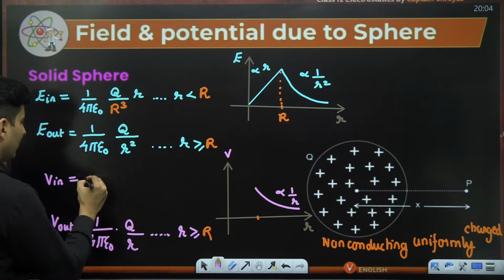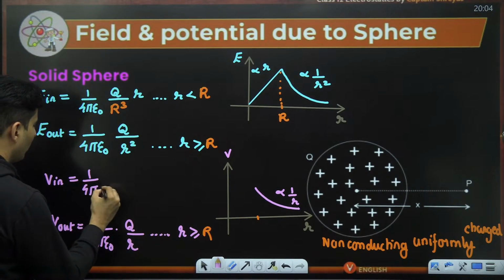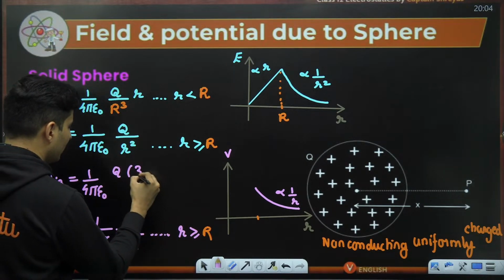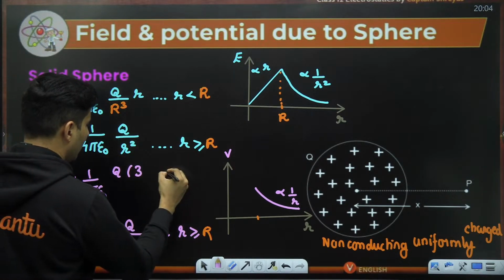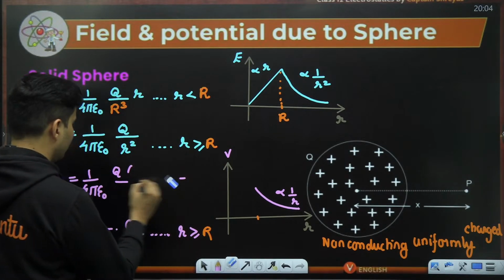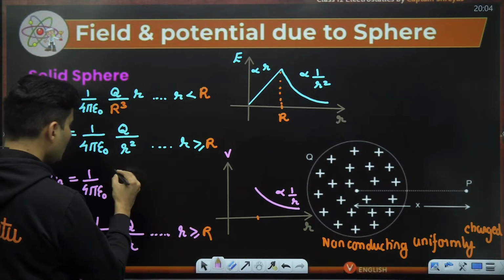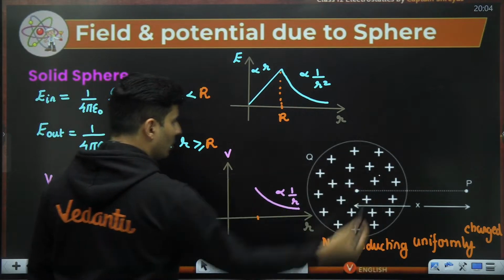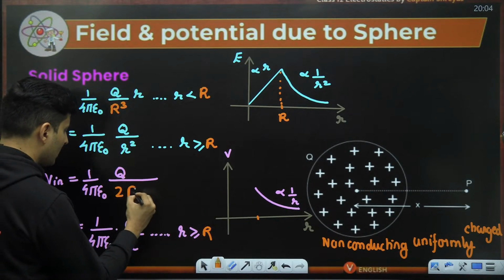The problem happens when you're inside. So 1 by 4 pi epsilon naught. Here you put Q, and now you put over here 2 times R cube.